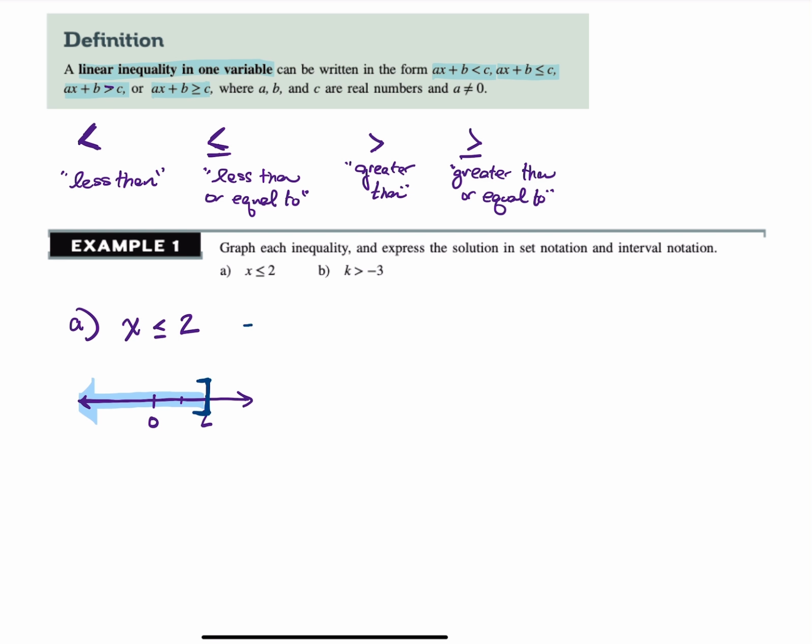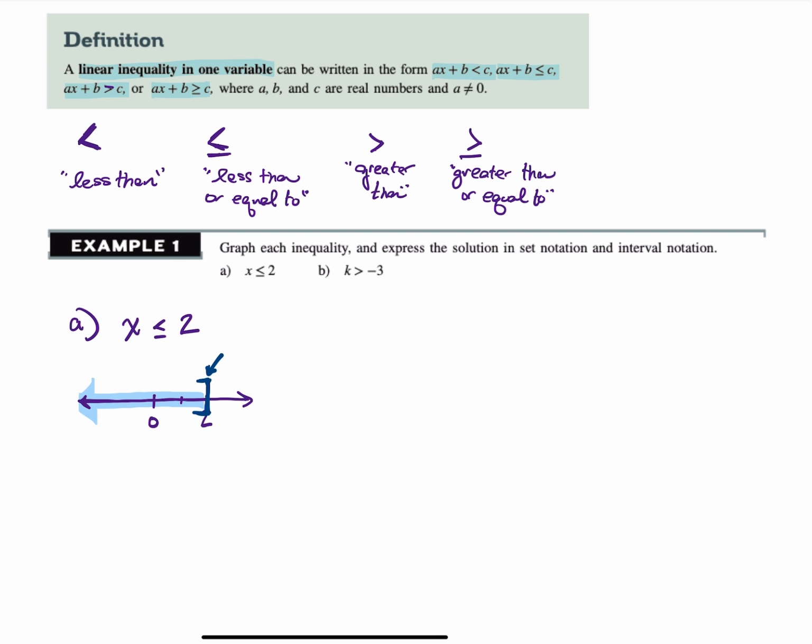Generally, in interval notation, you use a bracket if you're including an endpoint. I think in the homework questions, when they have you graph this, it's this bracket or parentheses form. You would use a parentheses if you're not including the endpoint. If this was strictly just less than 2 and didn't have this little equal to sign, you'd use a curved bracket, and we'll see that in the interval notation as well.